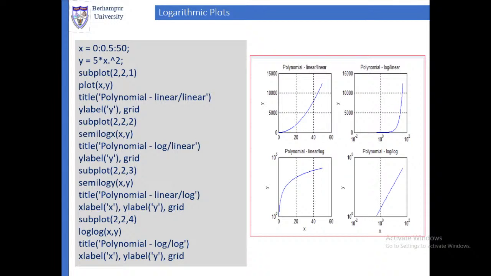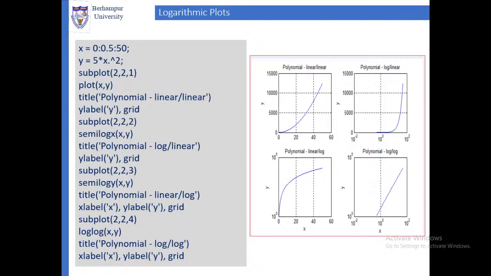Then subplot(2, 2, 2), which is in the first row, second element. That is semilog of x y, with the same title, polynomial, log slash linear.